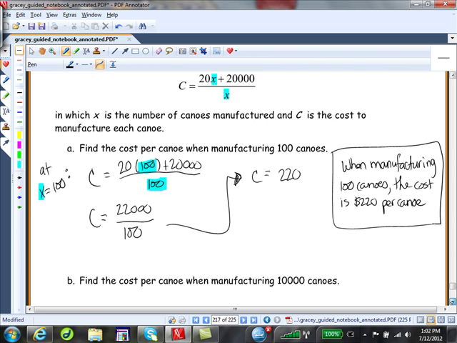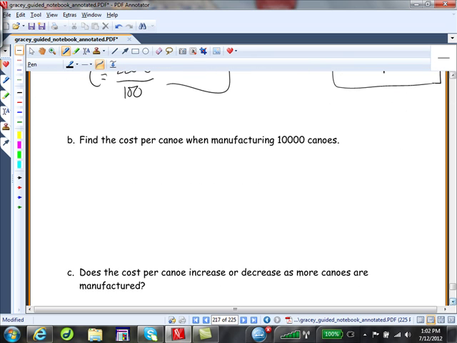Alright, so let's check out what happens when manufacturing 10,000 canoes. So, at x equal to 10,000, C is equal to, we're using the same initial formula, 20 times 10,000 plus 20,000 all over 10,000.